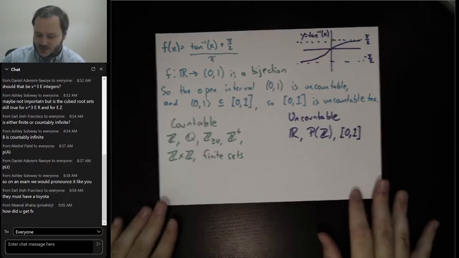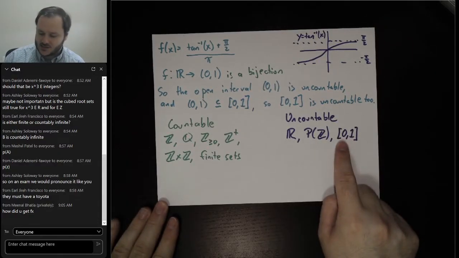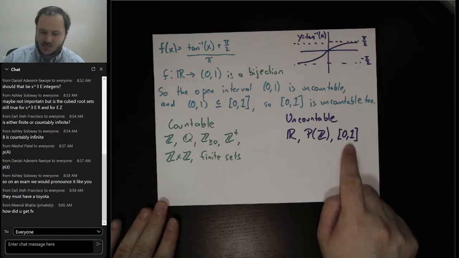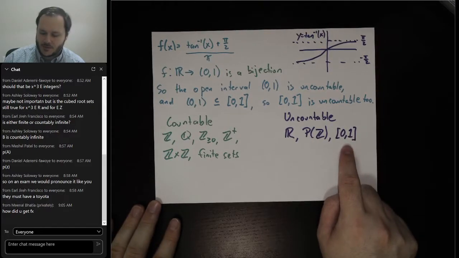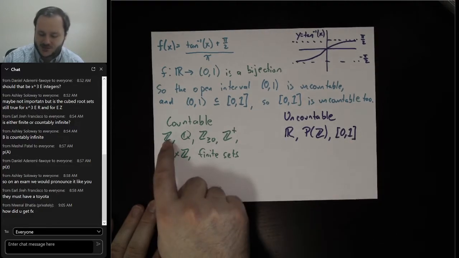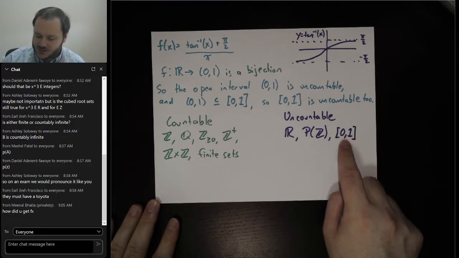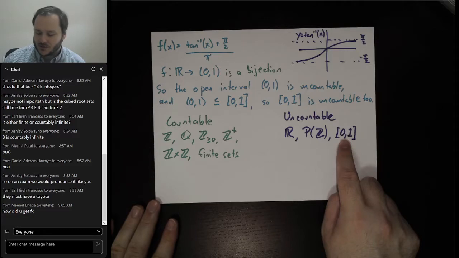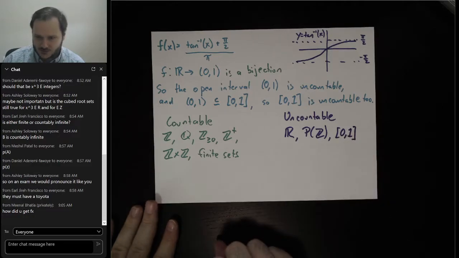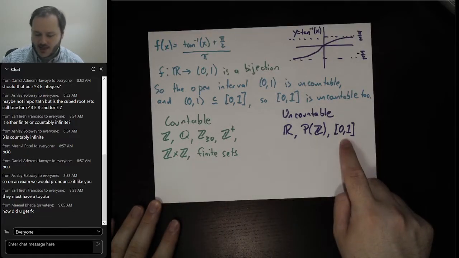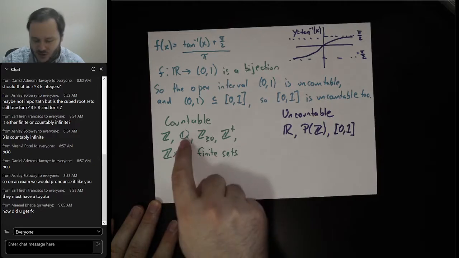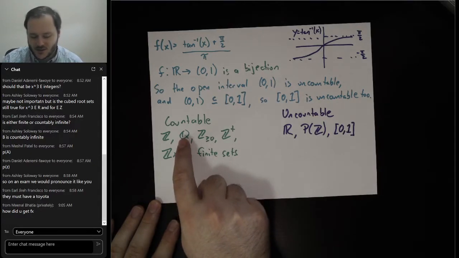So the one last thing I want to say is how weird it is that the numbers between 0 and 1 are uncountable. All of the integers are countable. Just the numbers between 0 and 1 are uncountable. Also, the rational numbers between 0 and 1, that's a subset. So the rational numbers between 0 and 1, those are countable.